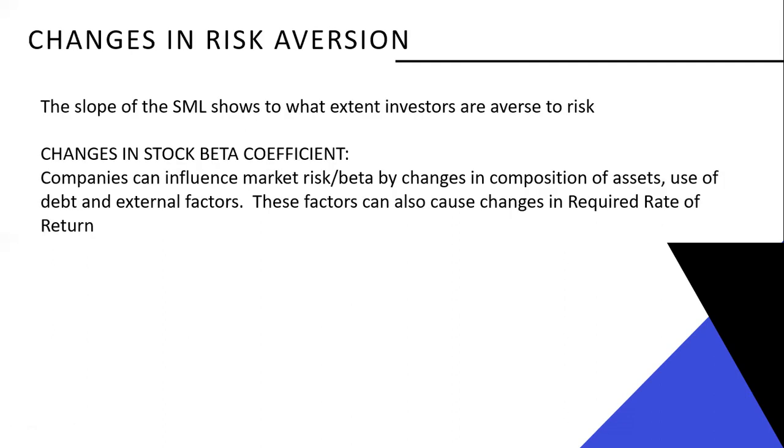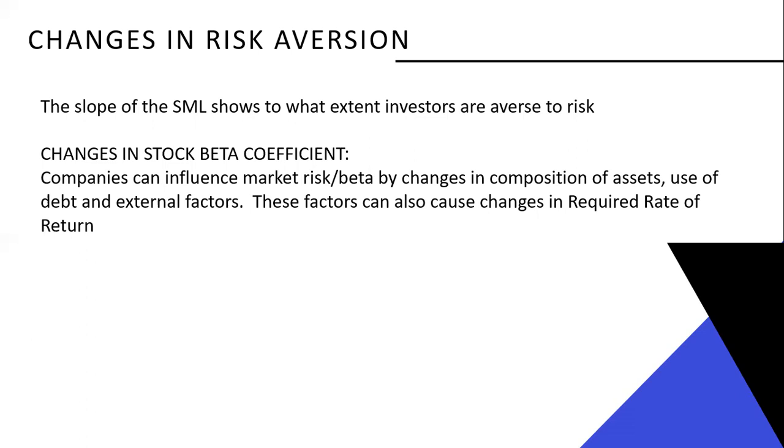Changes in stock beta coefficient. Companies can influence the market risk beta by changes in the composition of assets, use of debt, and external factors. These factors can also cause changes in the required rate of return. So far we've seen that beta is one of the most important things we have noted. Between the whole idea of risk and return, the risk factor is being captured by beta.